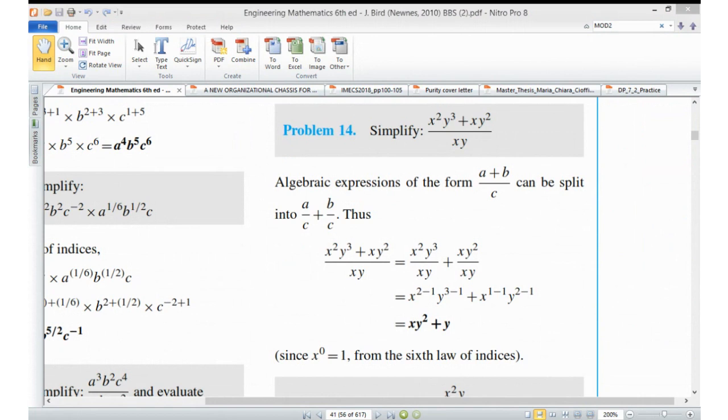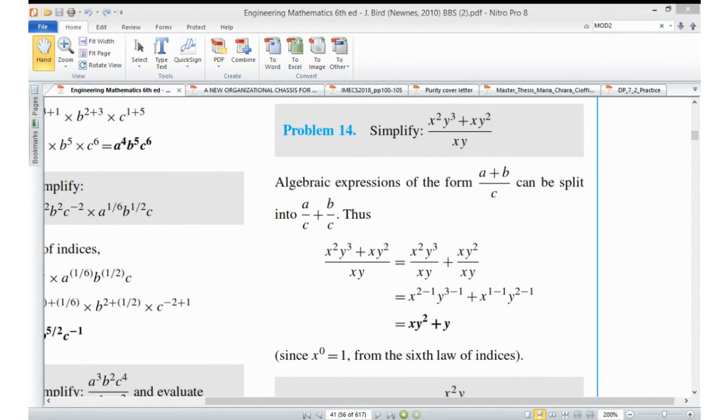If we pick x and we turn the division into subtraction, we'll have 2 minus 1. So that is the expression that we are getting here. Then we're going to have y raised to 3 minus 1 because of the division here.